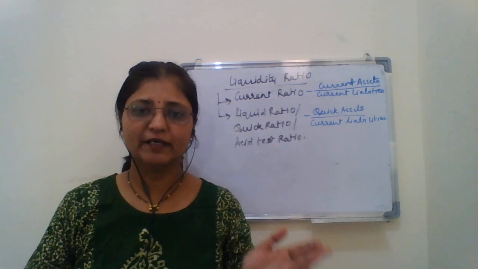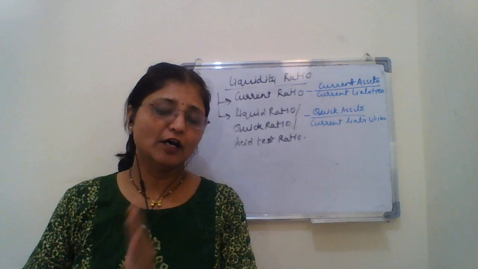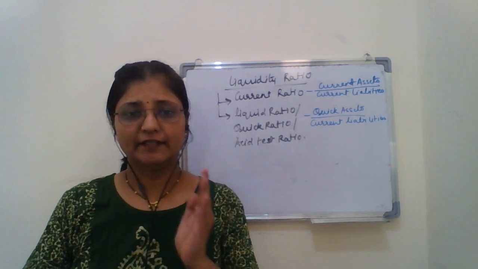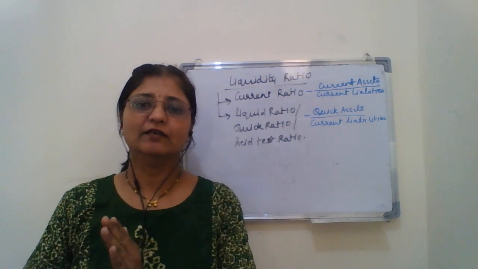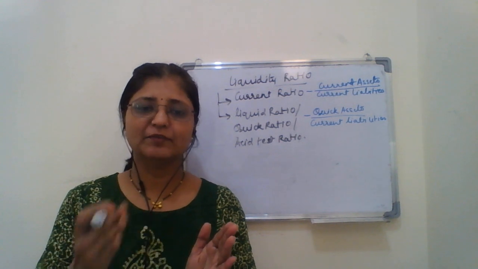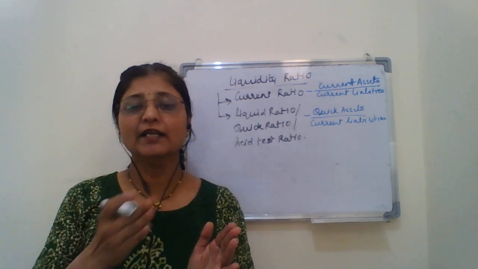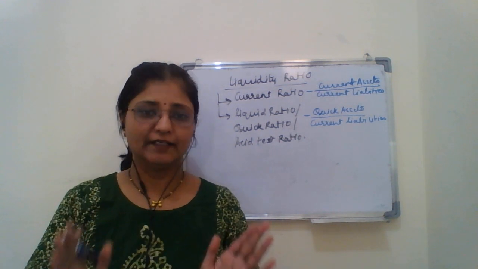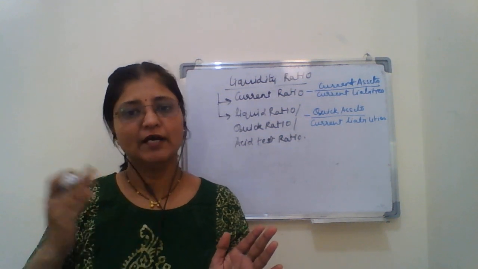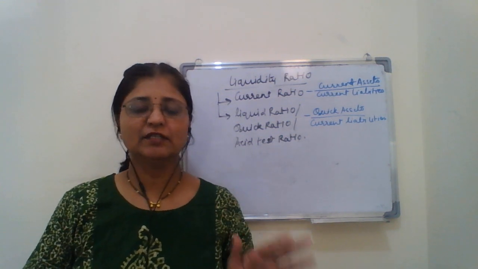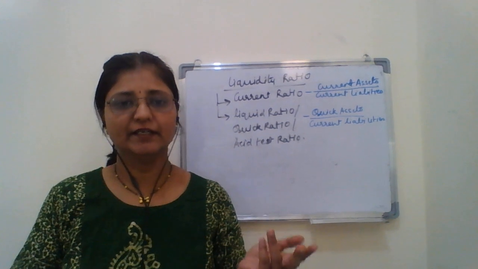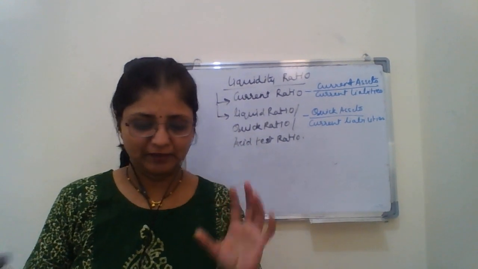If the operating cycle is beyond 12 months, then if an asset can be converted within that complete period, it will be called a current asset even if it is beyond 12 months.